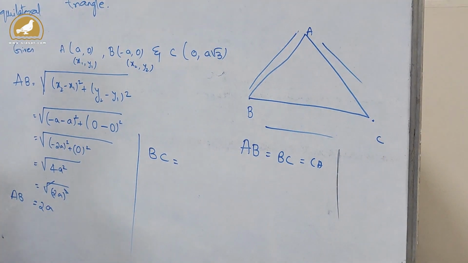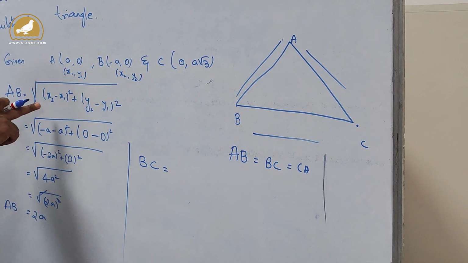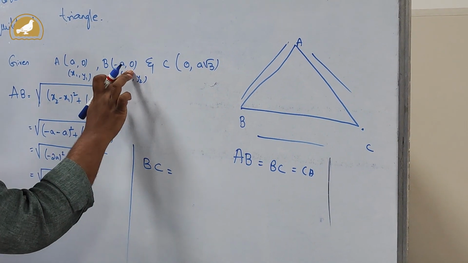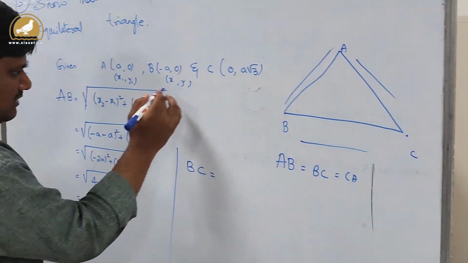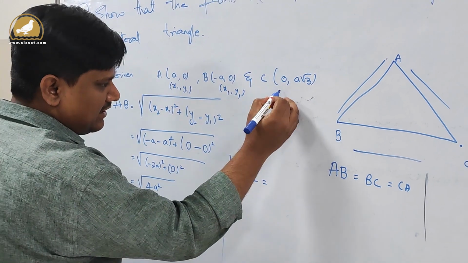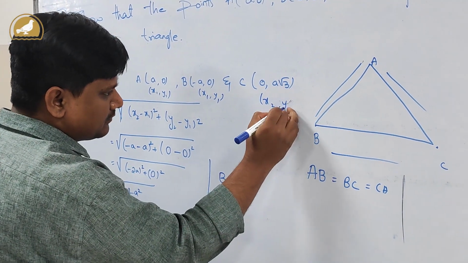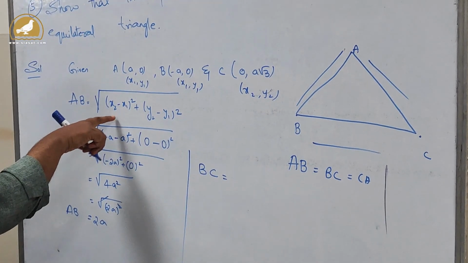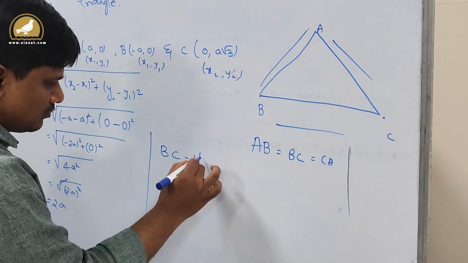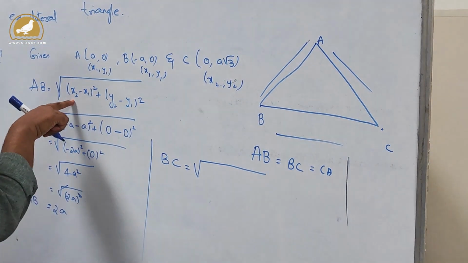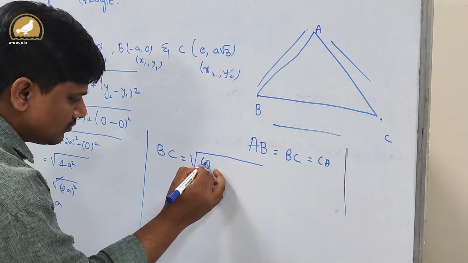In the similar fashion, we will calculate the value of BC. When we calculate the distance between B and C, the formula remains same, but this time B will be x1, y1, C will be x2, y2. So if we substitute, the value of x2 is 0.